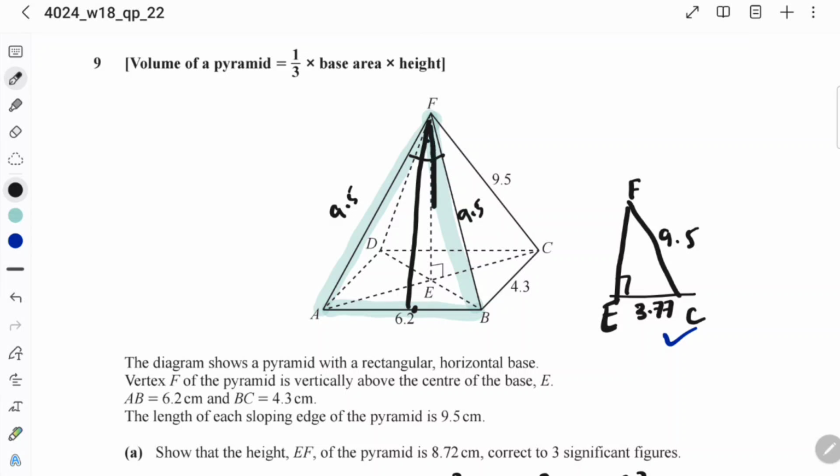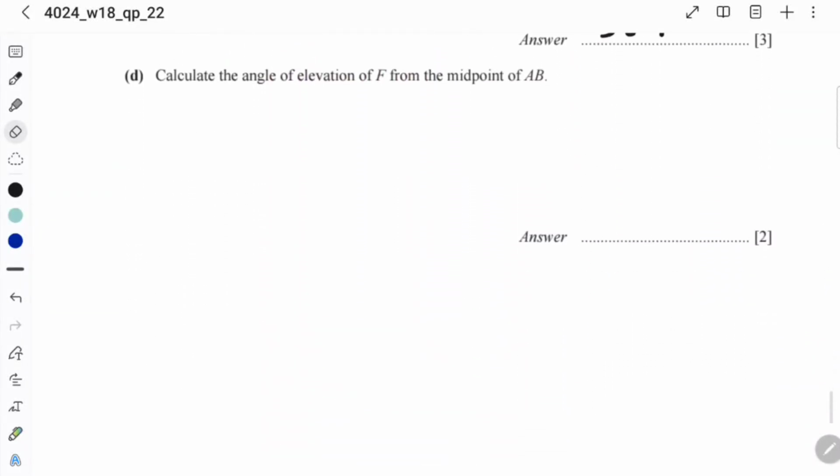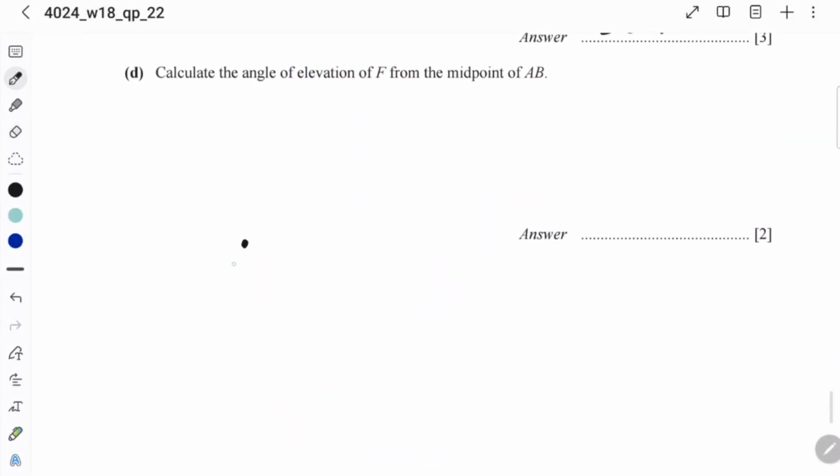So I'll have to draw a new diagram according to the angle of elevation, a right angle triangle. Your midpoint is M and then it is E to F. Somebody is looking at F. E to F is 90 degrees, which is 8.72, and we know that M to F will also be equal to 9.5, and this is your angle of elevation in this question.